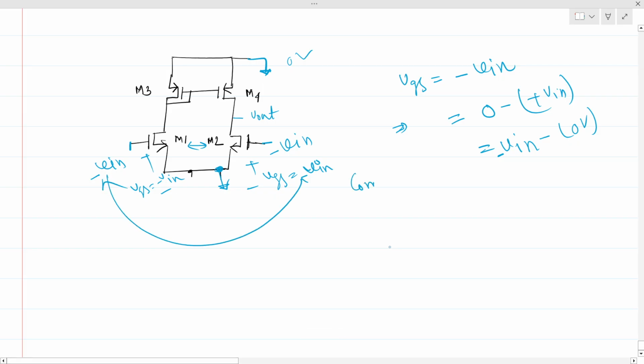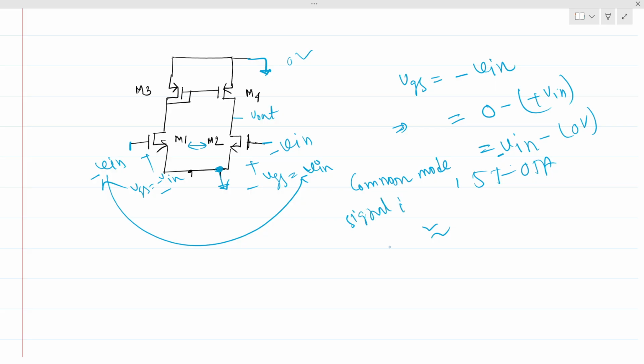So for a common mode, what is the common mode gain of a differential or the 5 transistor OTA? So this is almost 0, right? So common mode signal is applied. So you can think of there is a common mode signal of minus V in at these two nodes.